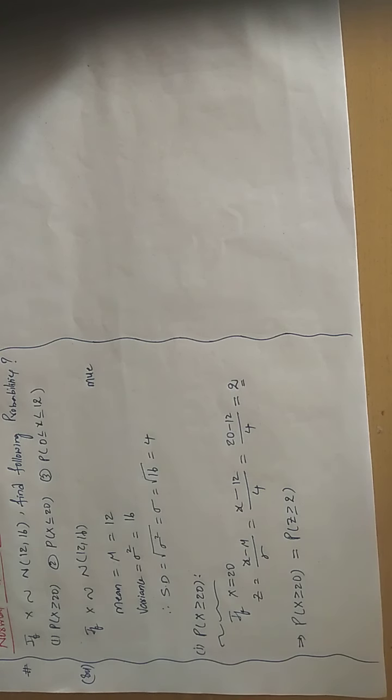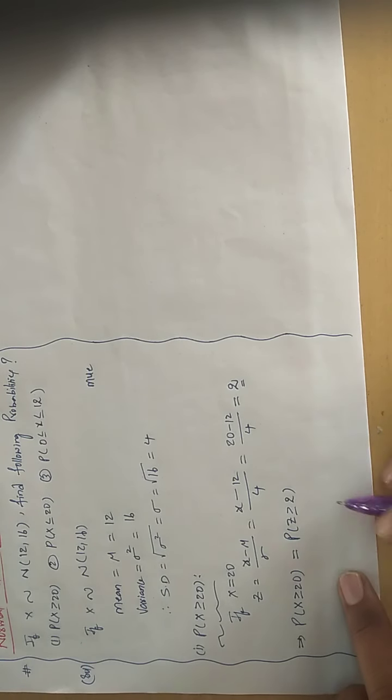Then the immediate thing you need to do is the formation of the bell-shaped curve. Unless you draw the bell-shaped curve, it's very difficult to understand the normal distribution problems. Now all of you look at here. What is the bell-shaped curve for this one?